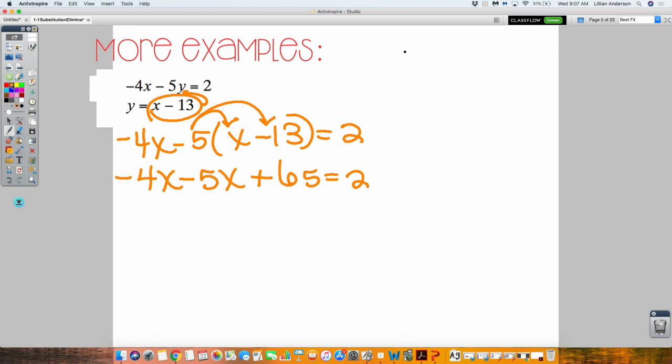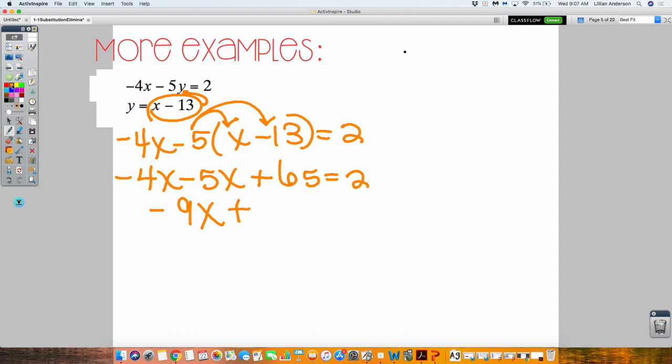Now, once you solved it down, if you didn't carry over that negative, you probably would have ended up with a decimal. Not saying that decimals couldn't happen. Okay? There's nothing wrong with decimals. They're just fractions. But definitely go back and double check just to make sure. Okay? Combine like terms. Negative 4x minus 5x is what? Negative 9x.